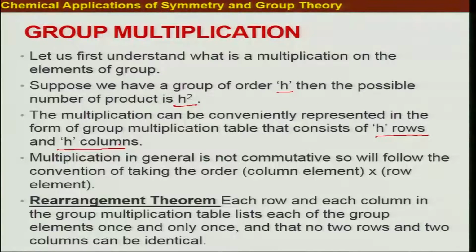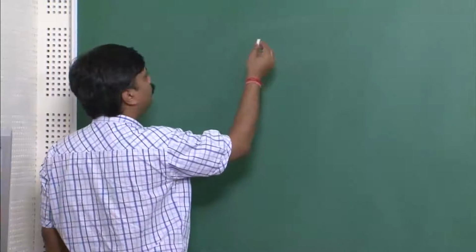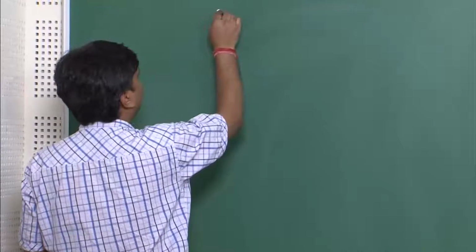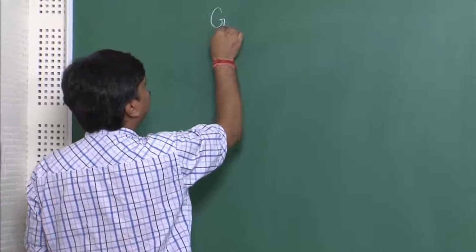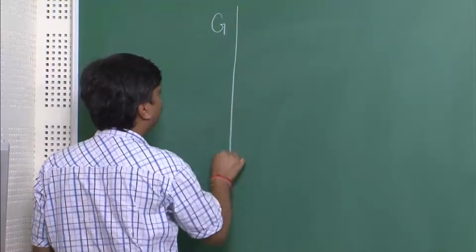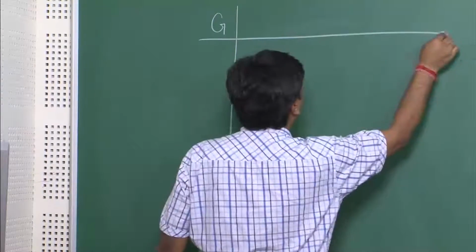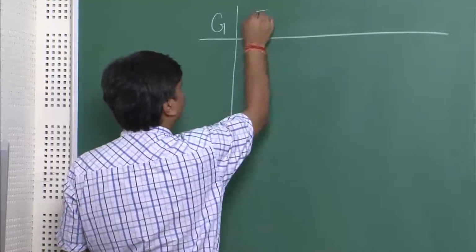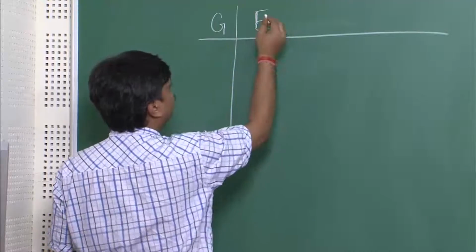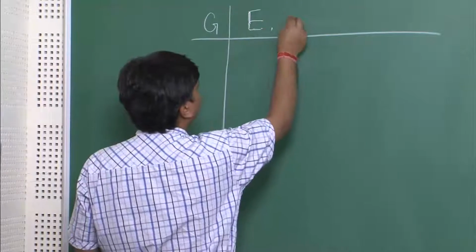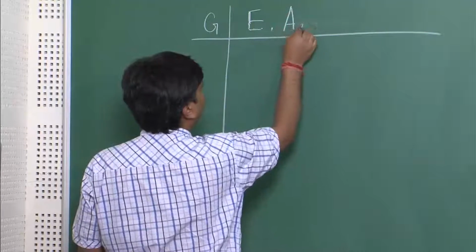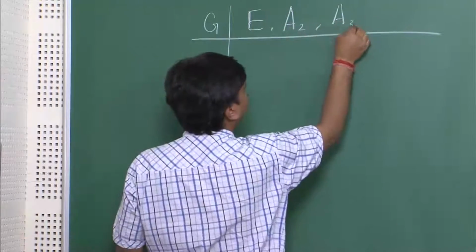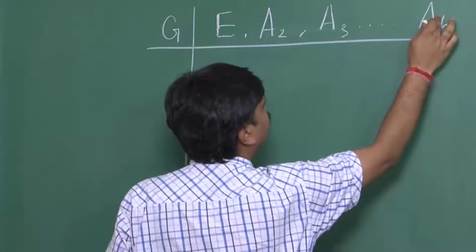For any given point group, say I have a point group G. If I have h number of elements, so I have a trivial E, then suppose I have A2, A3 up to AH. Okay.